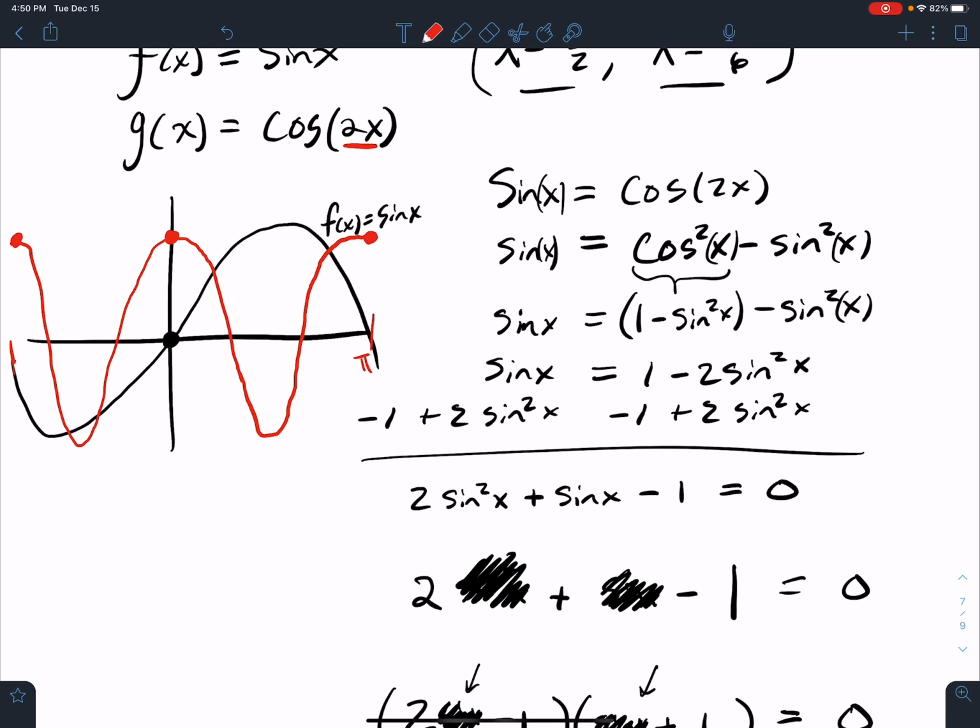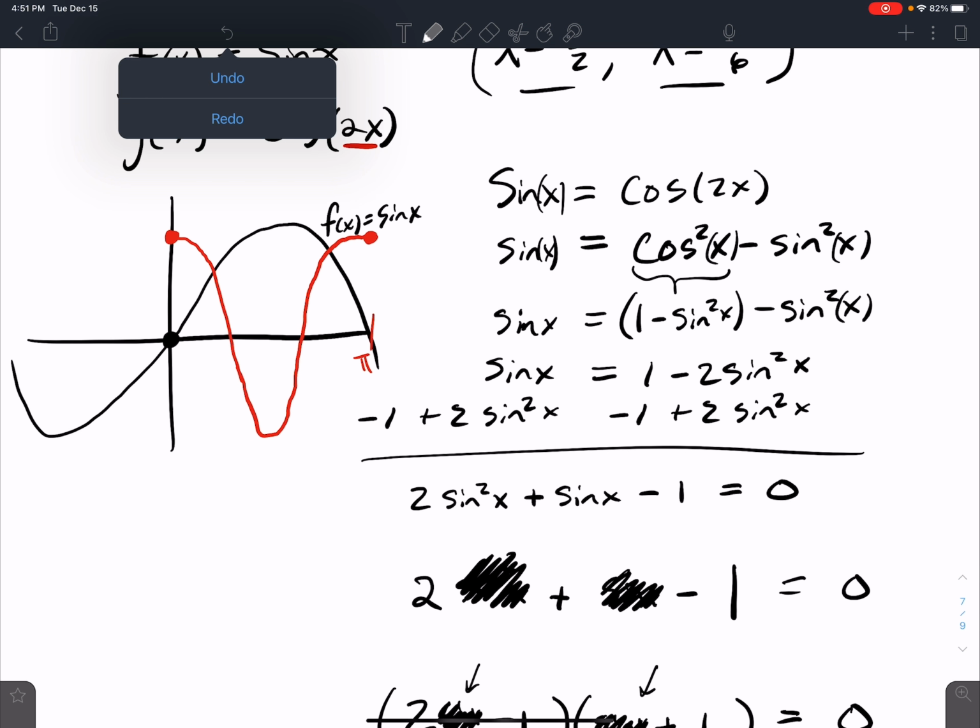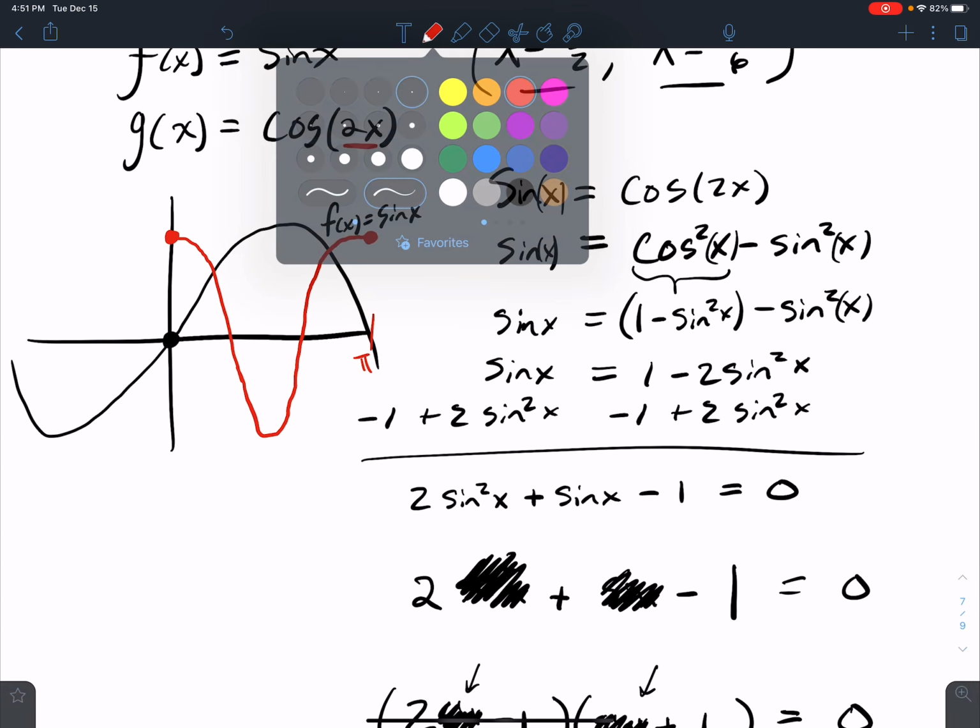All right, so what I'm looking for is this point. Sorry, let me redraw that. Okay.